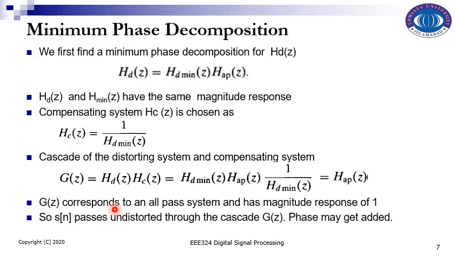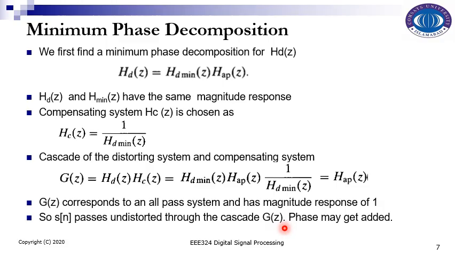So the signal, when it passes through a combination of the distorting and compensating system, its magnitude will not be changed, and there will be no overall distortion, because the distortion will be compensated, and the signal passes undistorted through this combination G of Z. So distortion is undone, and this is a way of correcting signals which undergo corruption and distortion.